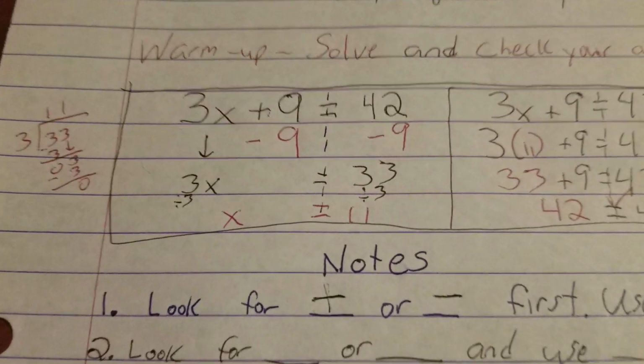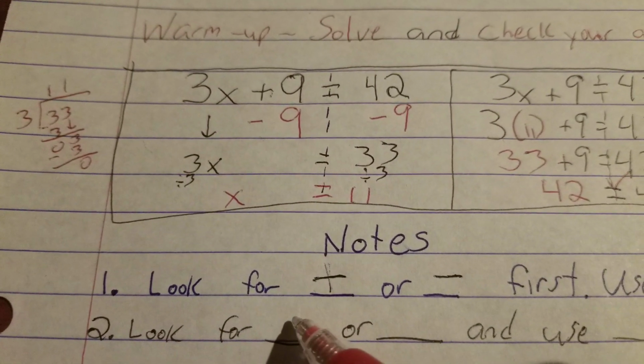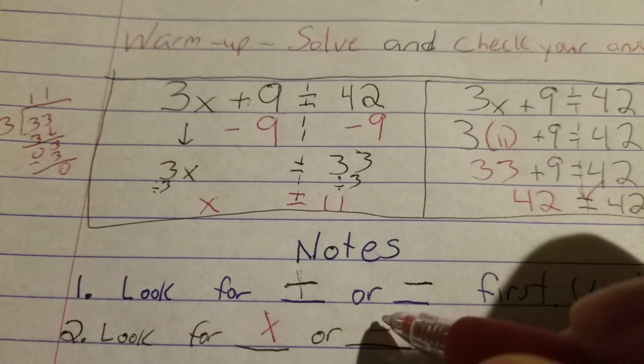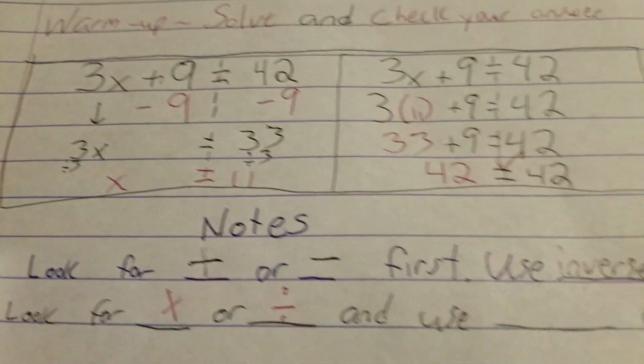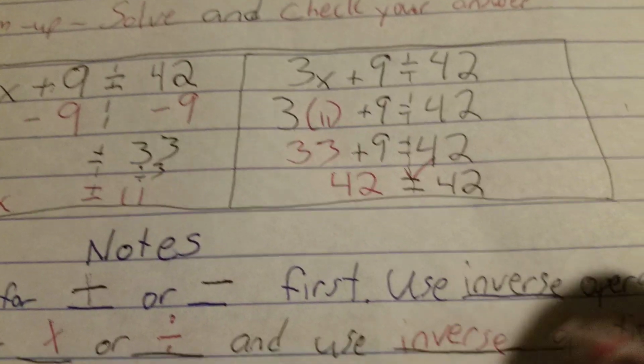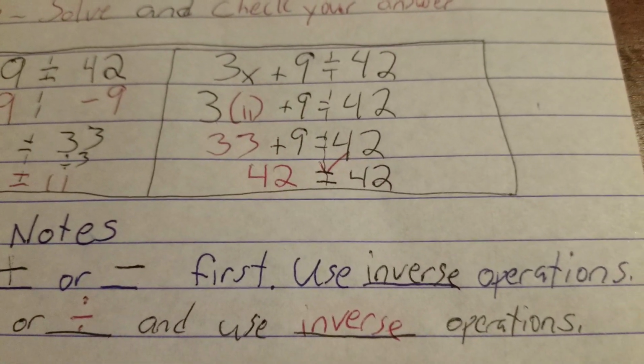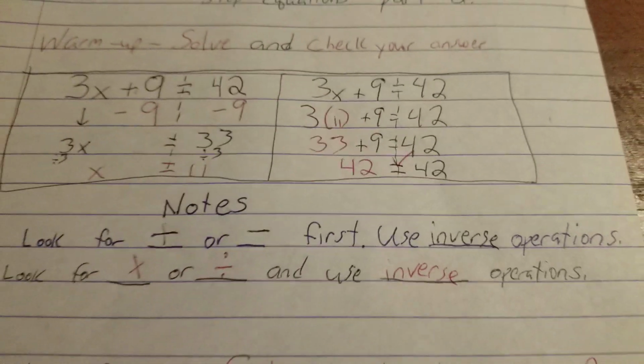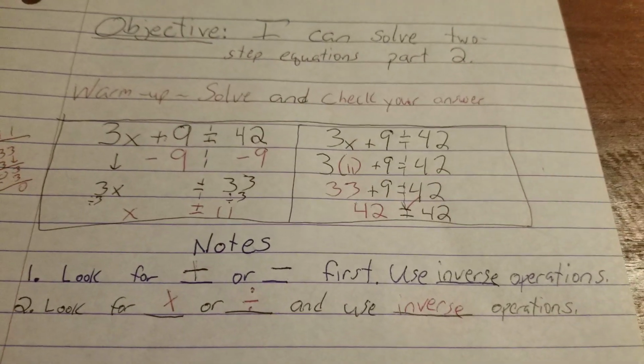And then the second step is we're looking for multiplication or we're looking for division. And again, we are going to use inverse operations. Okay, so nothing has really changed. Just reiterating your notes. Same thing from last time.